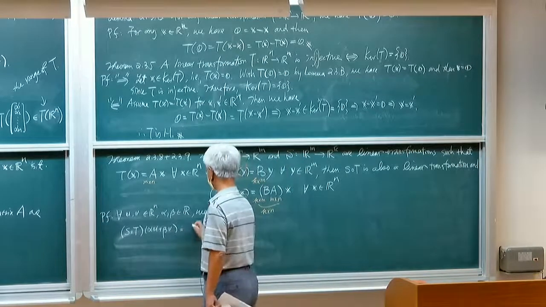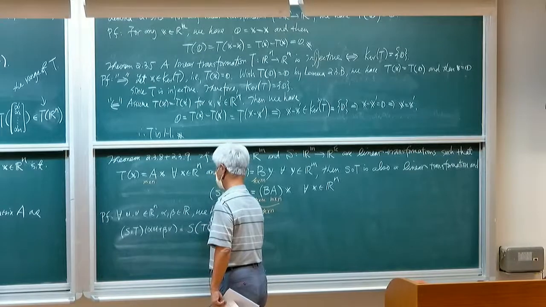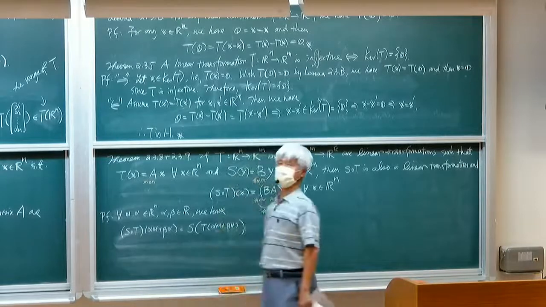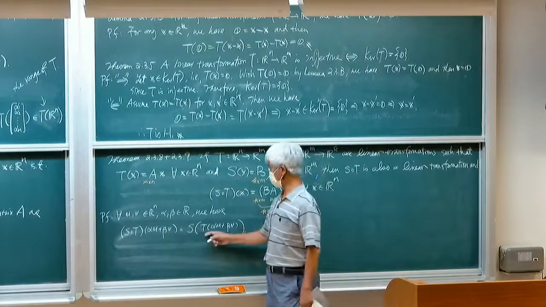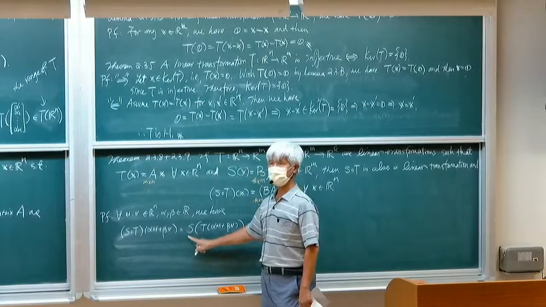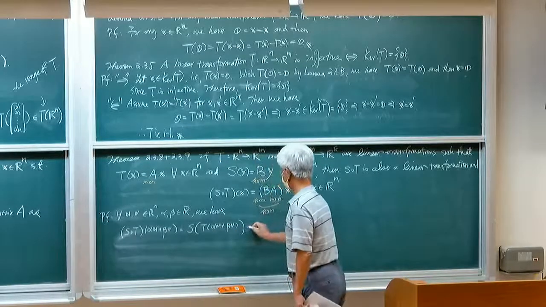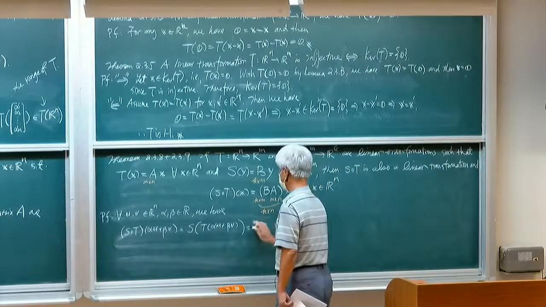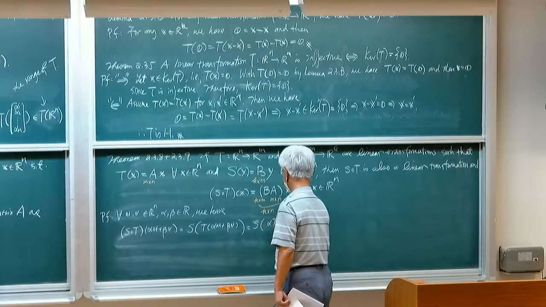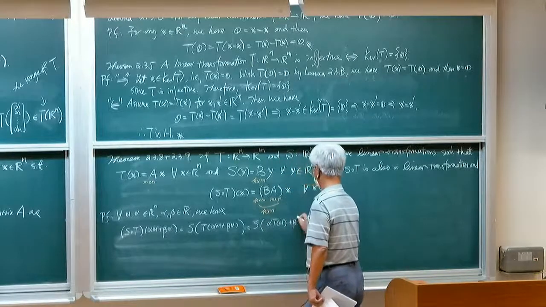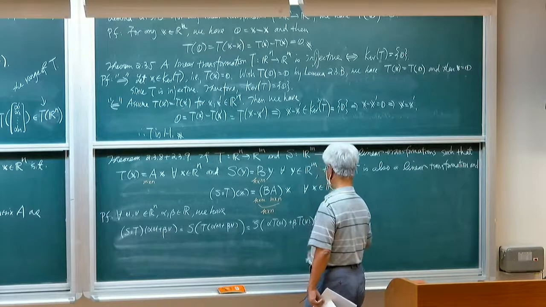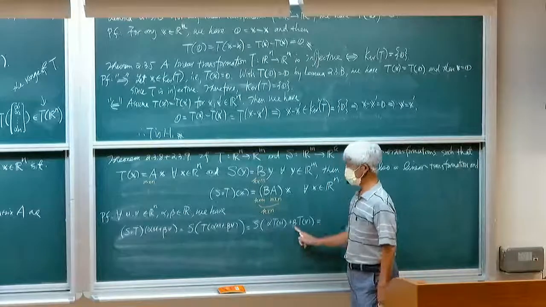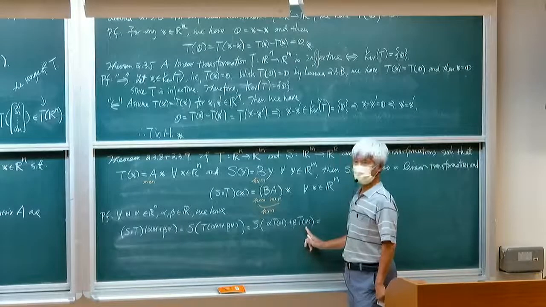By definition, we take the image of this linear combination under T, and then under S. But T is linear, so this is alpha Tu plus beta Tv.